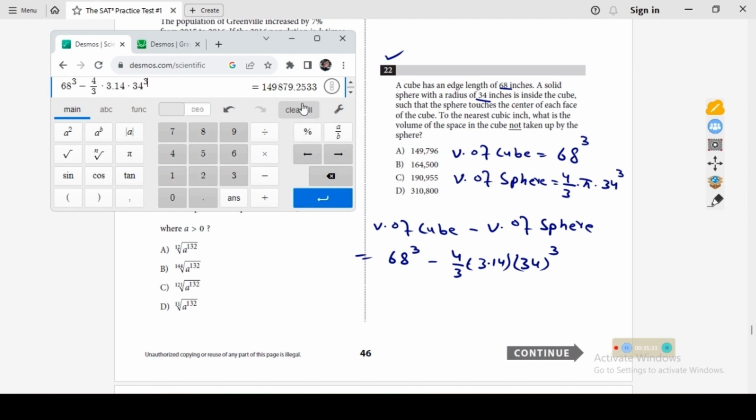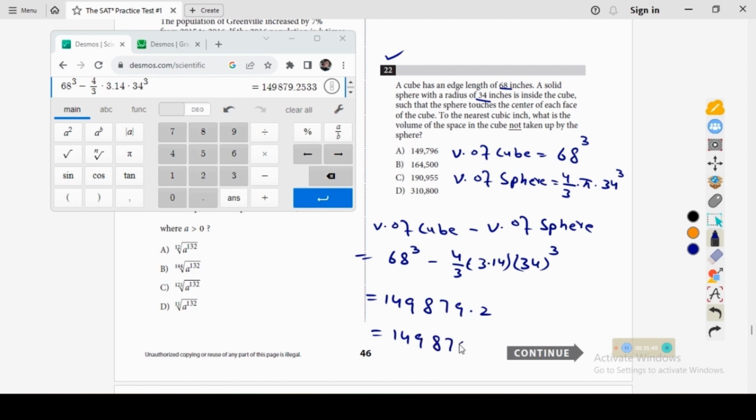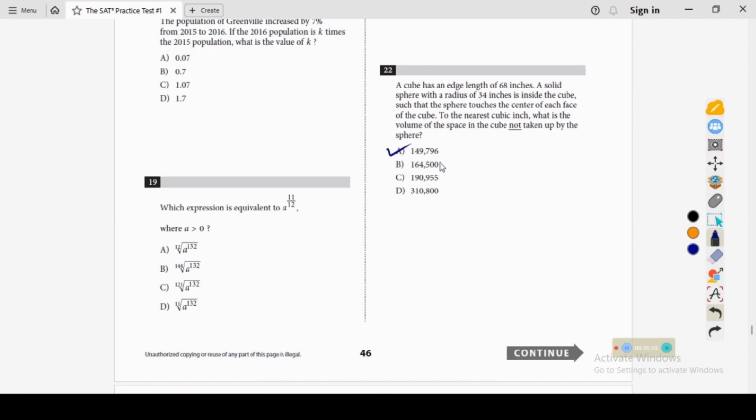It gives the value 149,879.2, and it is rounded off to 149,879 cubic inches. A is the right answer.